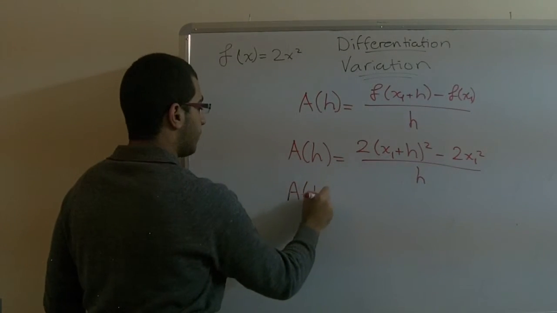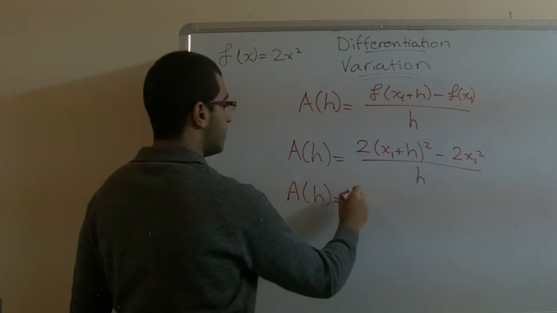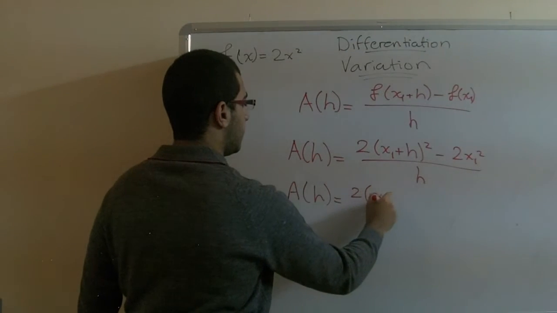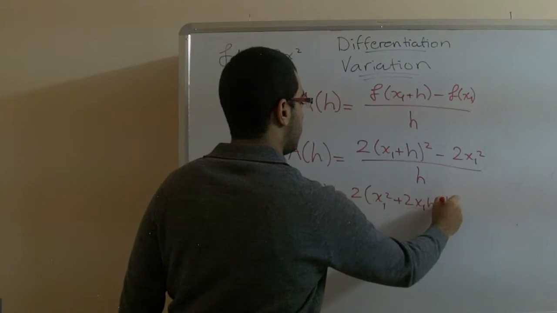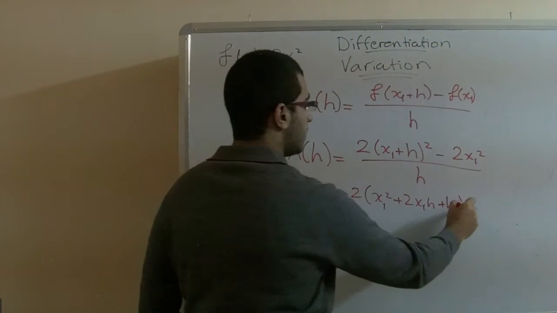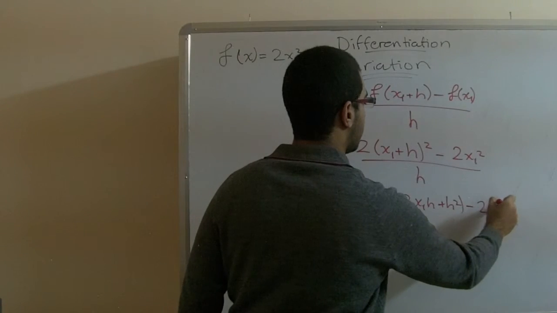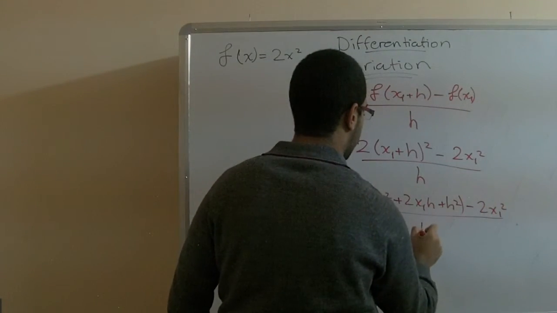So here we expand this to get (x² + 2xh + h²), minus 2x², over h.